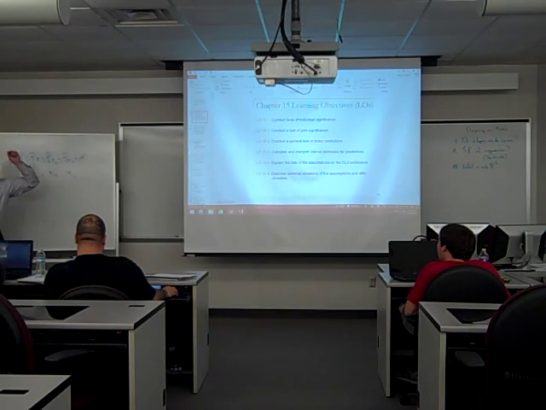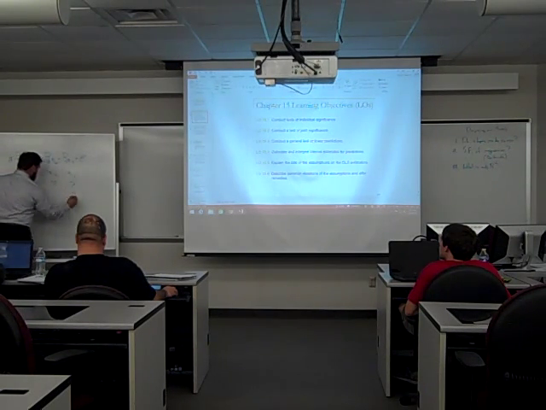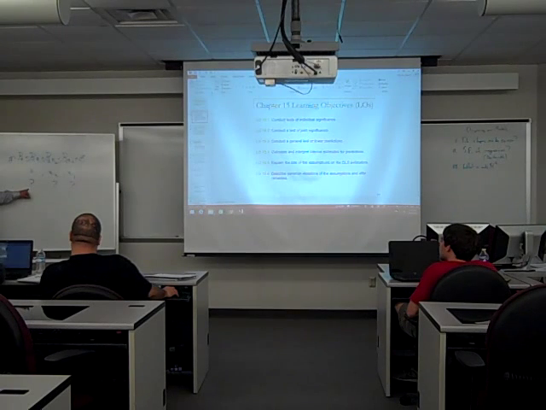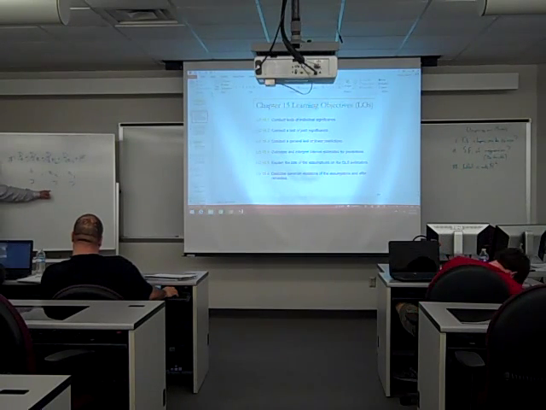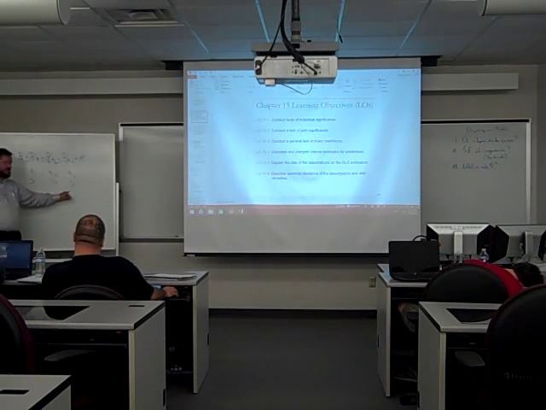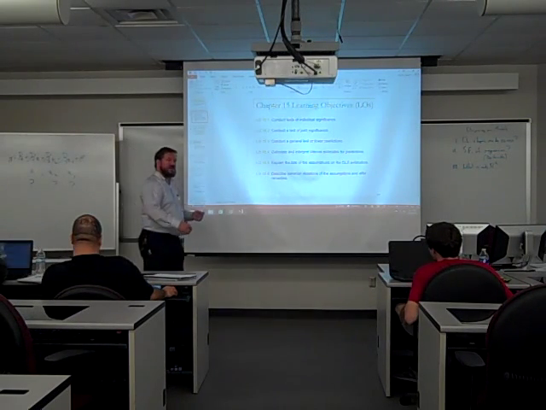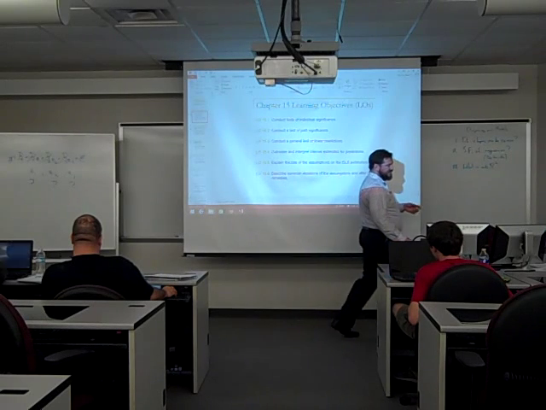Conduct tests of individual significance. So we have to ask ourselves, do these three variables matter? Does this matter? Does it give us any predictive ability in our model? Does this one matter? Does this one matter? Individually, we have to test each of our variables and see, does this actually matter?